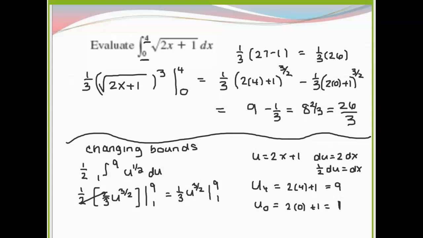Now you just plug in your upper and lower bounds, and you get 1/3 9 to the 3/2 minus 1/3 1 to the 3/2. And again, 9 to the 3/2 is 9, or 27 divided by 3, which gets you to 9, minus 1/3, which gets me to 26/3.